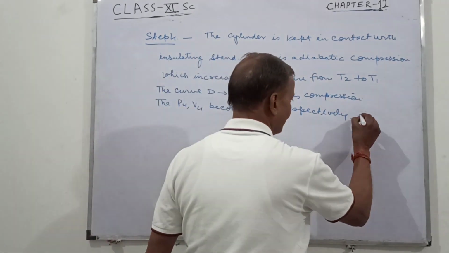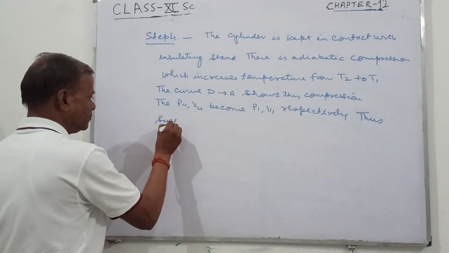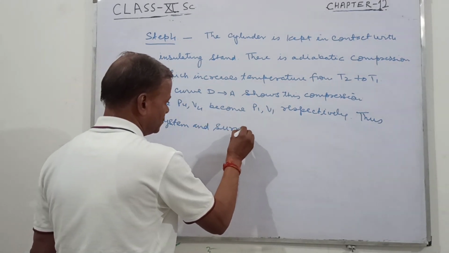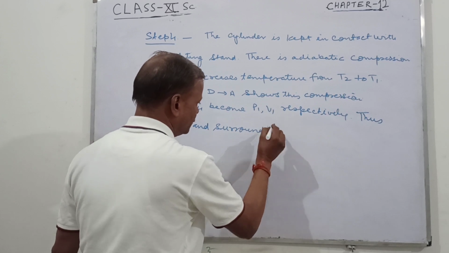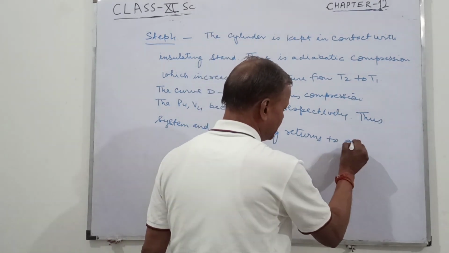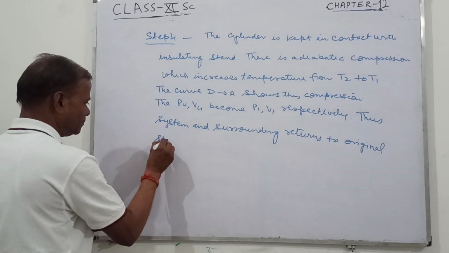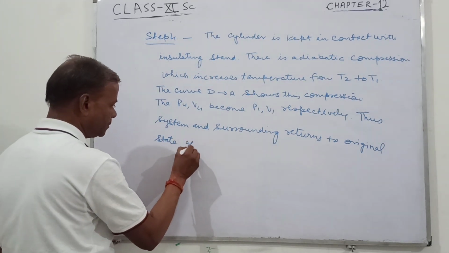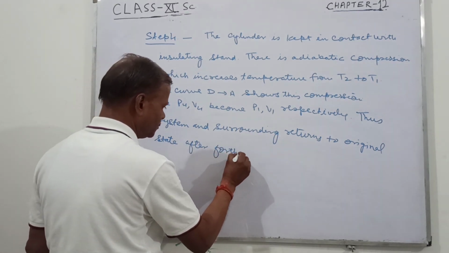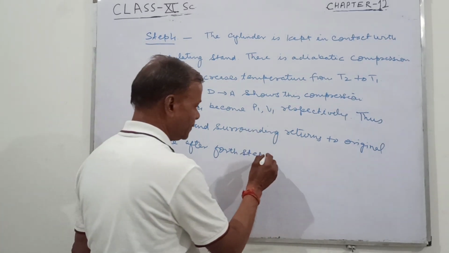Thus, system and surrounding return to original state after the fourth step. Thus one cycle is complete.